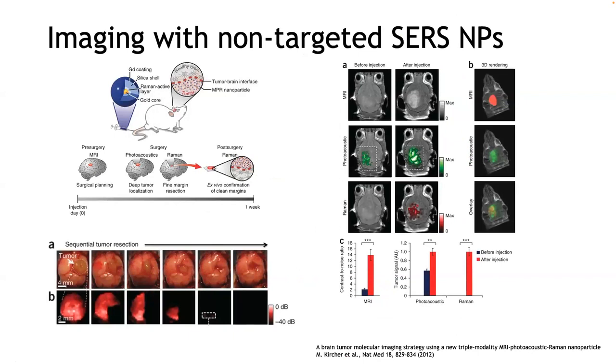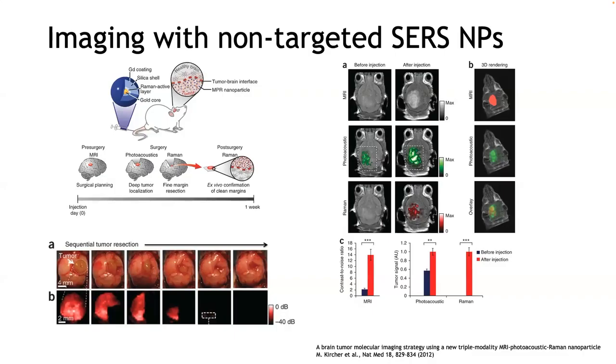And here they used the same nanoconstruct as I described for imaging glioblastoma with MRI, photoacoustic, and Raman. And with Raman, you can see that you can use it during the surgery, during the tumor removal, because you can do Raman imaging on the fly.